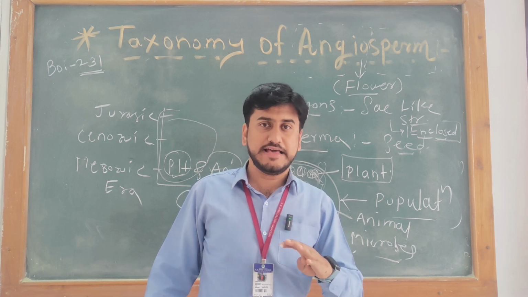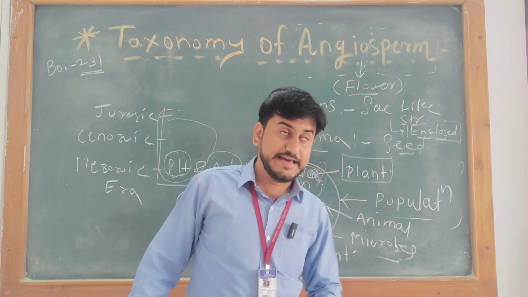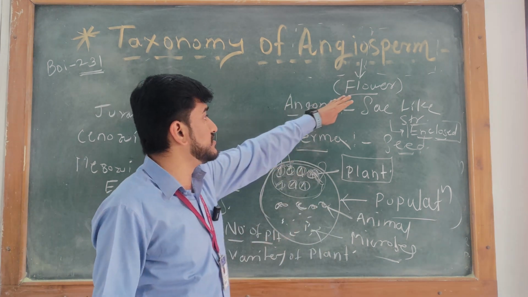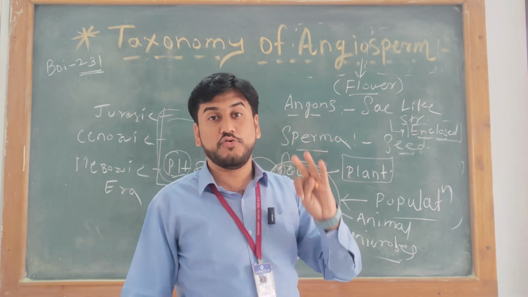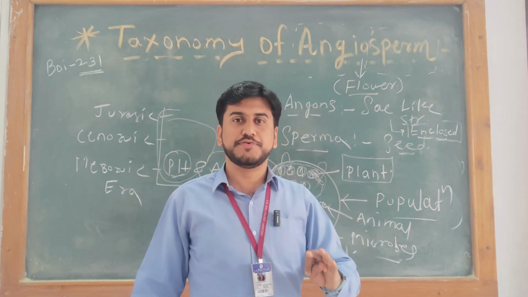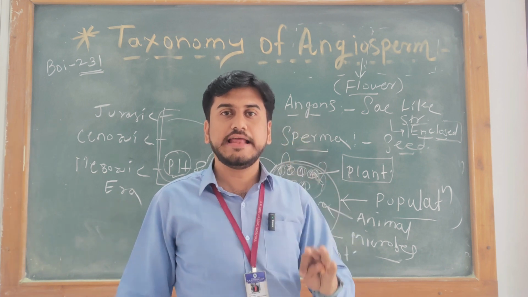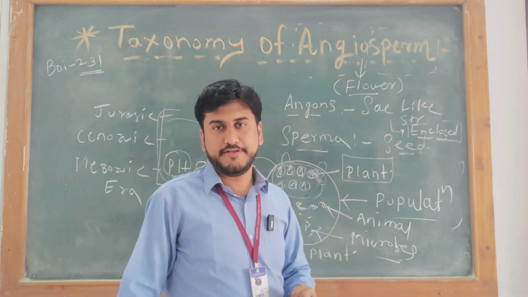Angiosperms are divided into herbs, shrubs, trees and climbers. Angiosperm is also known as flowering plant. Flowers are present only and only in angiosperms, because angiosperm is the highly evolved plant according to the evolutionary period.